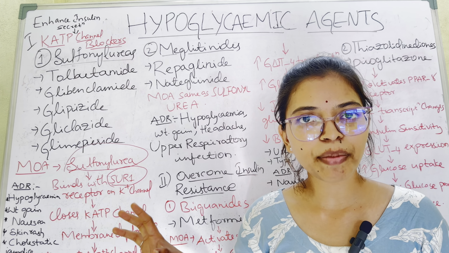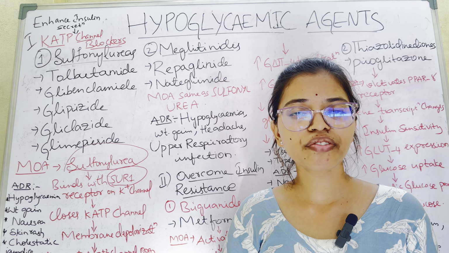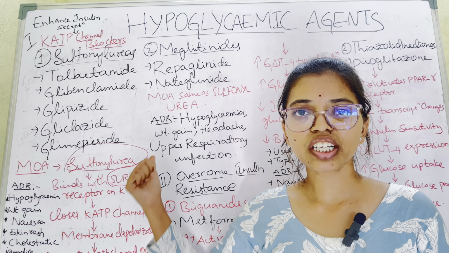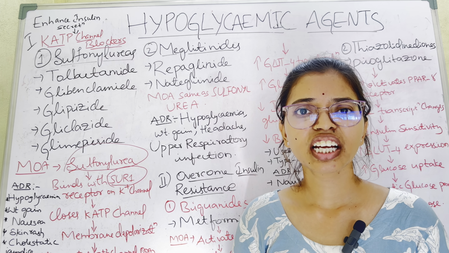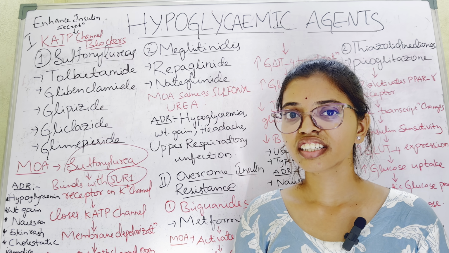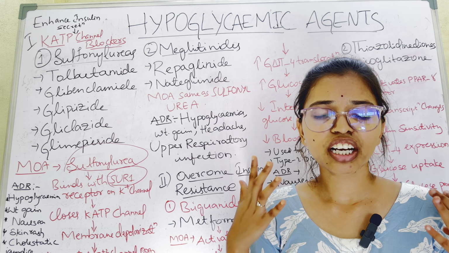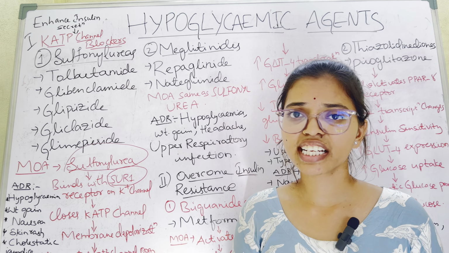So first you have to learn the receptor the drug binds with, the location of the receptor, and the function of the receptor. These three are very important to learn the mechanism of action of any drug. Here I am explaining this in detail because even while I was studying in my graduation, I was confused remembering all those mechanisms of drugs.